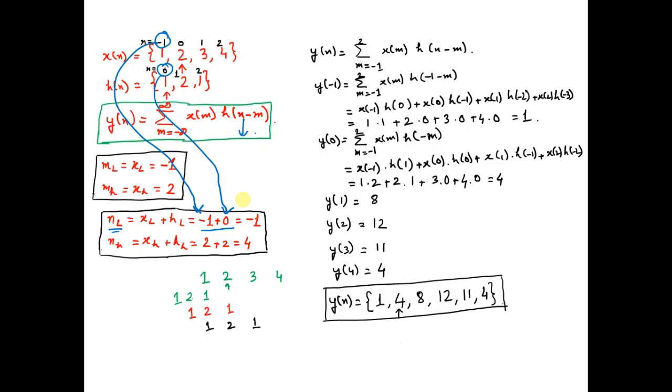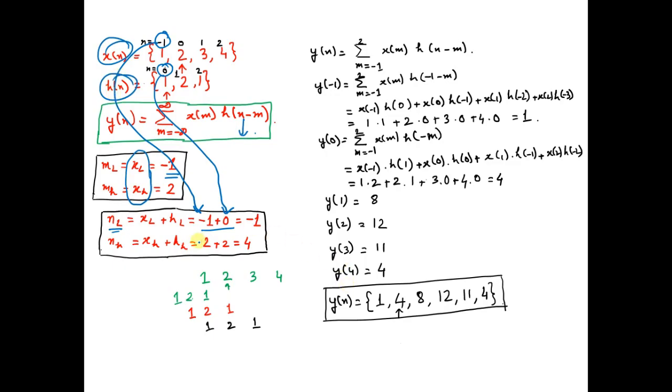There will be a little confusion here, but this is the part you have to remember. When you have to calculate the m value, we only consider the values related to x. Its lower time index value would be the lower limit, and its higher one would be the upper limit. It is calculated from x only. On the other hand, small n will be computed from the time index values of both x of n and h of n.